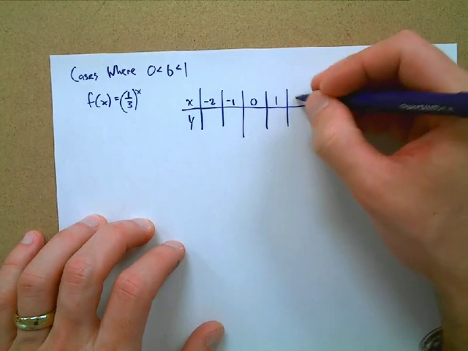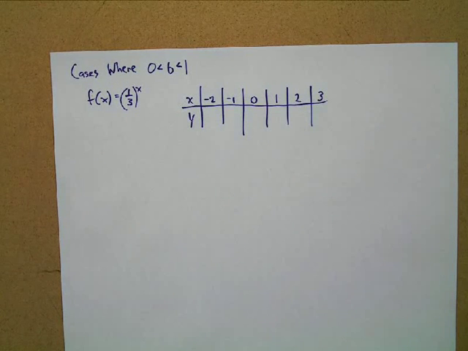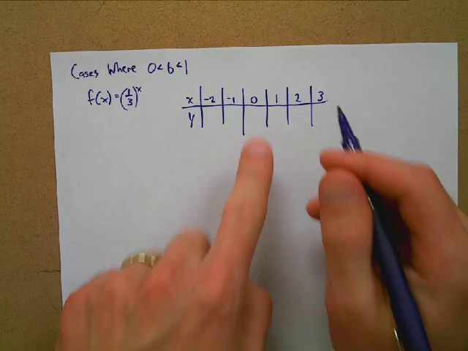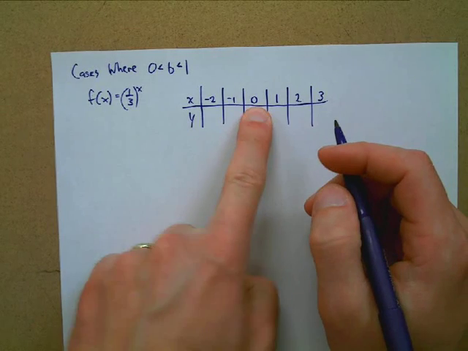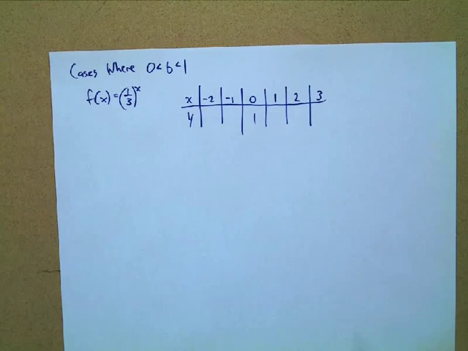Now when we go to plug this in, let's do some easy ones. 0 plugged in for the x, 1/3 to the 0, we know that's got to be 1. Anything to the 0 power is 1, except for 0. 1/3 to the 1 power is 1/3 as well. 1/3 squared is 1/9, 1/3 times 1/3, and 1/3 to the third will be 1/27, 1/3 times 1/3 times 1/3.